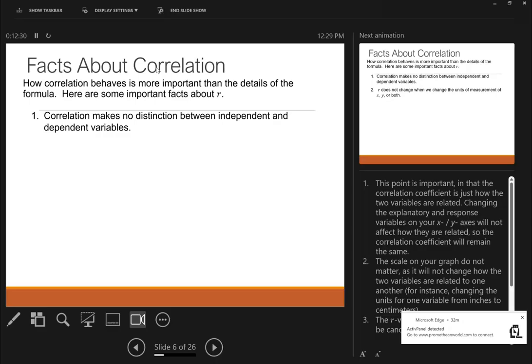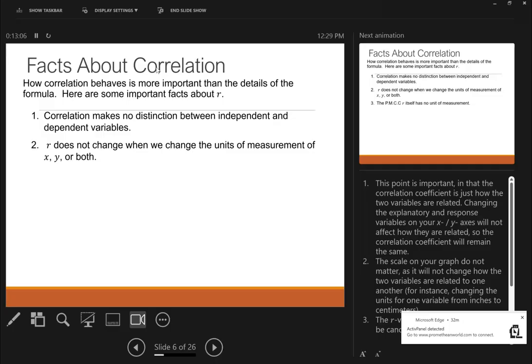So if you do the R calculation with X and Y, if your X is hours of sleep and your Y is GPA, and you get a value for R of 0.7, and then you switch it and do GPA as the X and hours of sleep as the Y, and you calculate your R, you get the exact same 0.7 value. There's no difference between what's independent and what's dependent variable in the R calculation.